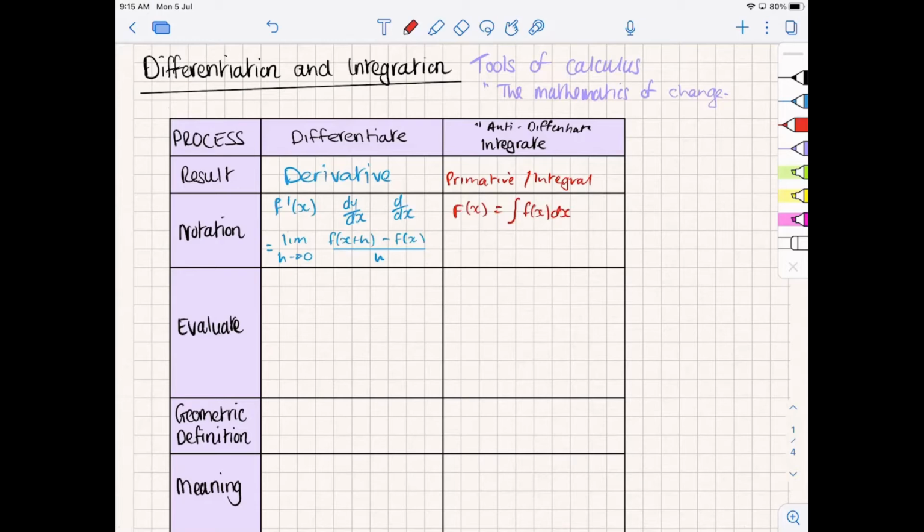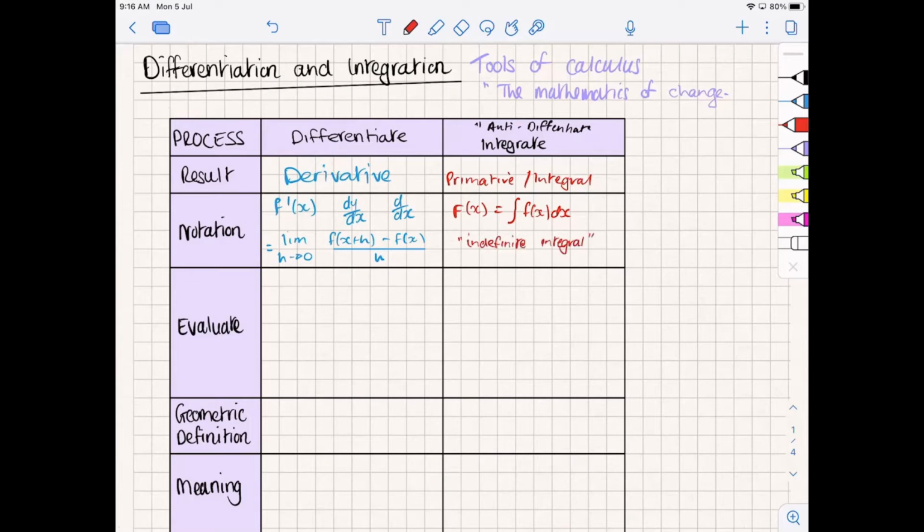Very importantly, do you notice I haven't given you any limits? There are no limits on this, so you're going to get stuck with the constant of integration. So this is an indefinite integral.